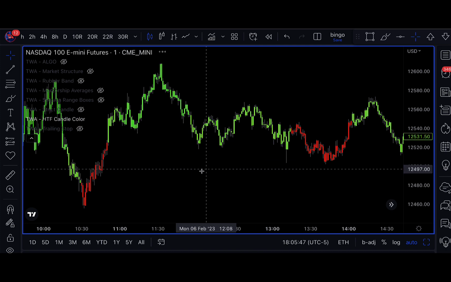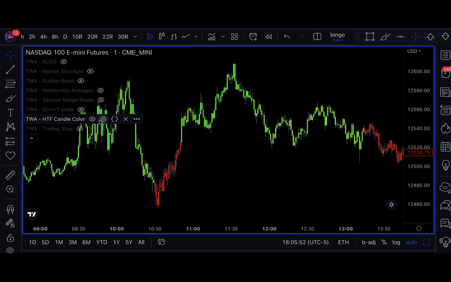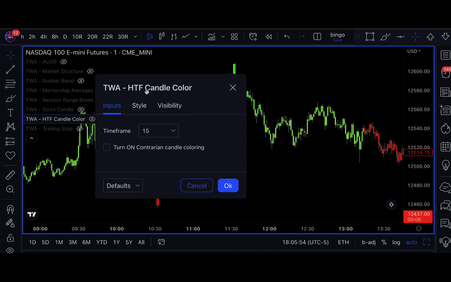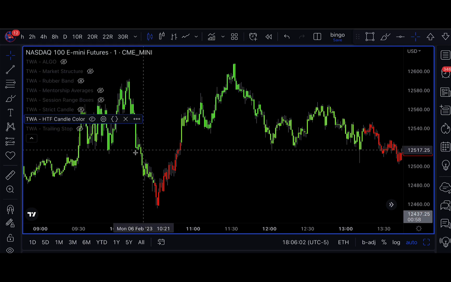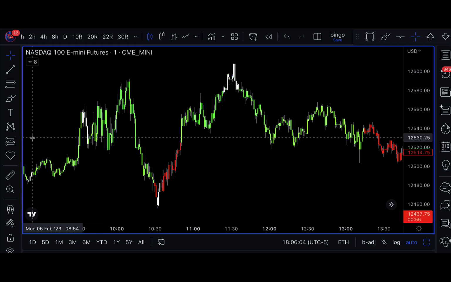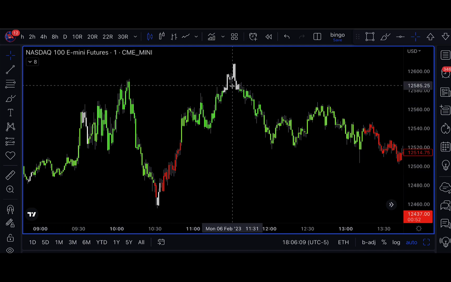Anyway, so now let's get into action here. What can make this thing extra special is we can turn on contrarian candle coloring. So we're going to click that on. And now what it did was it just shaded some white candles, right? We see some white candles.